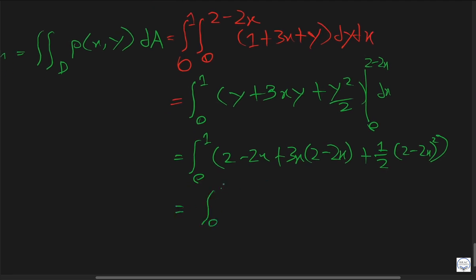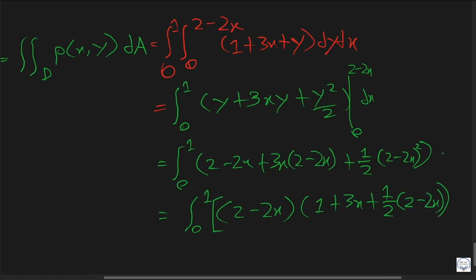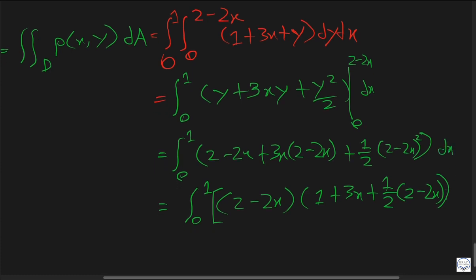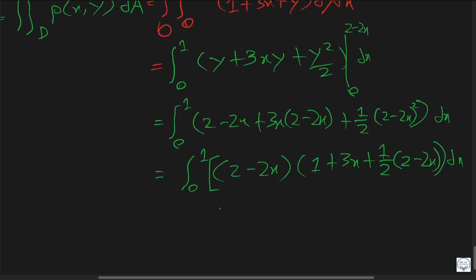So let's simplify this a little bit. Let's take 2 minus twice x common. So we have 1 plus thrice x plus half times 2 minus twice x dx.